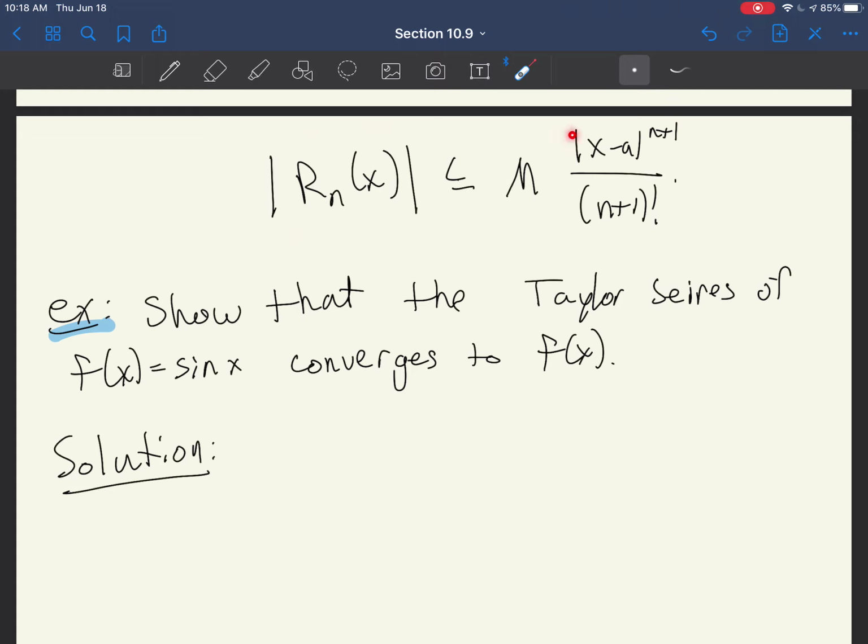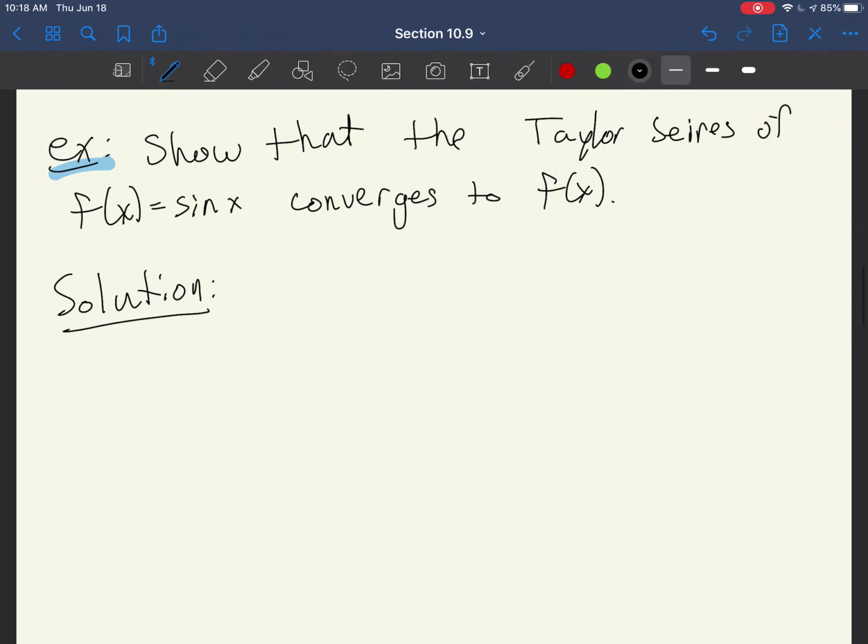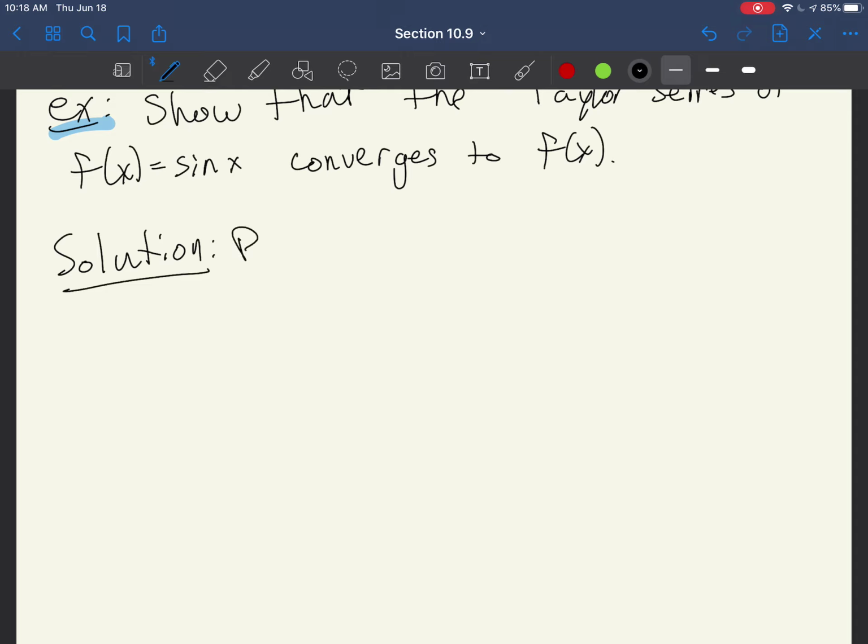So solution, to do that, all we have to do is show that this error term goes to 0. So we're going to bound it above by this function, and then we're going to show that this goes to 0.